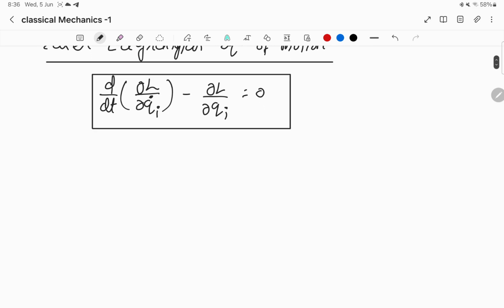Understood? Let me talk about the generalized coordinates that I wrote earlier.